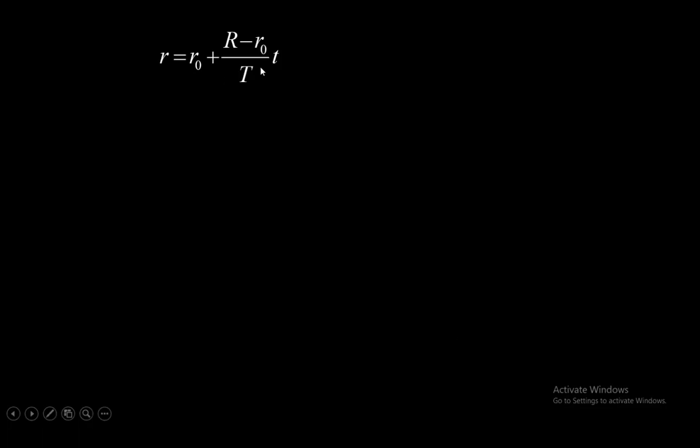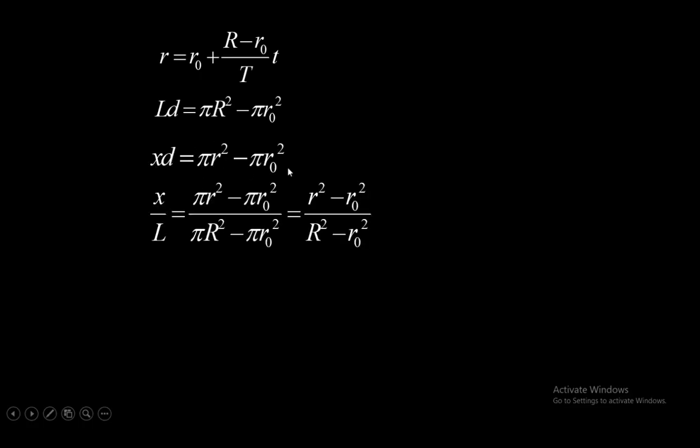So we have this expression for r. We have one expression for total length of tape wrapped. We have one expression for x length of tape wrapped. And if we divide these two expressions, we have this expression, and we have to find what length will be wrapped in a given time. So from here we find the value of x.